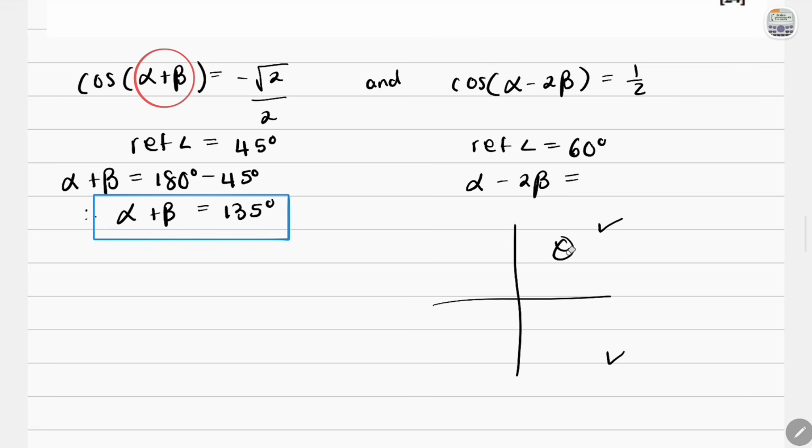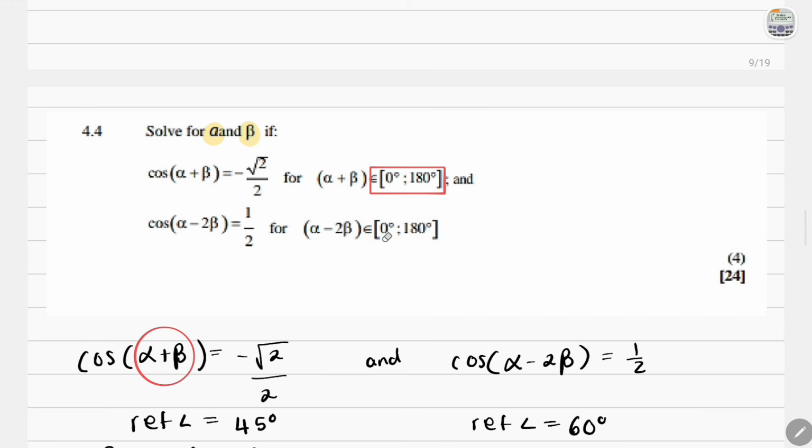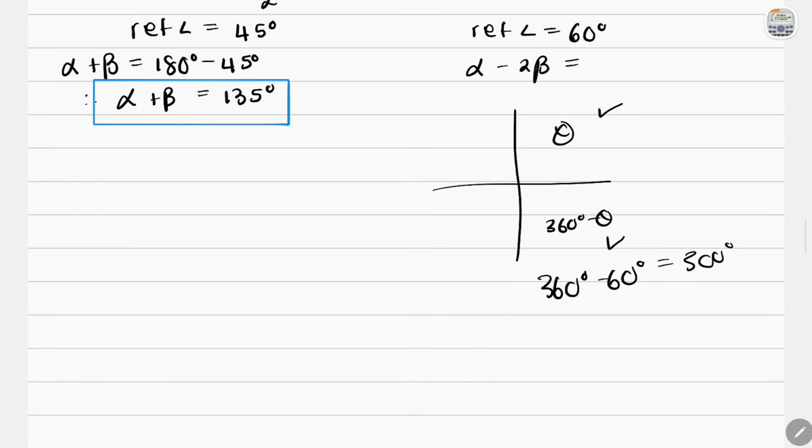So this is 60 degrees, but the other one is 360 degrees minus theta. You would say alpha minus 2 beta is equal to 60 degrees, then plus k 360 degrees, or alpha minus 2 beta is equal to 360 degrees minus your reference angle, which is 60 degrees. But if you said 360 degrees minus 60 degrees, you're going to get 300 degrees. They told you that alpha minus 2 beta is an element of 0 degrees all the way to 180 degrees, so it's not this big.